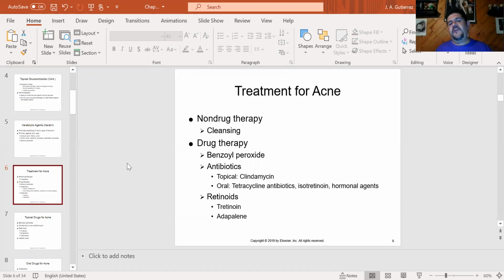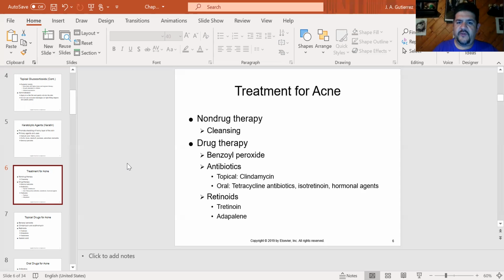Now, regarding acne, here we have a whole universe of drugs that goes from just cleansing soap bars all the way to antibiotics, to hormones. So the treatment of acne can be non-drug therapy, just cleansing soap bars and stuff like that, or we can use chemicals to destroy that acne formation.